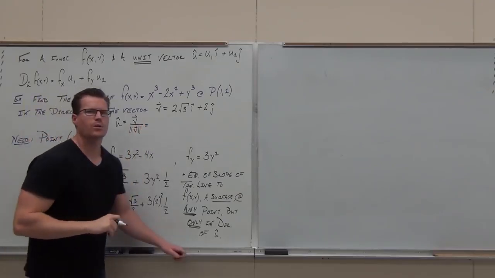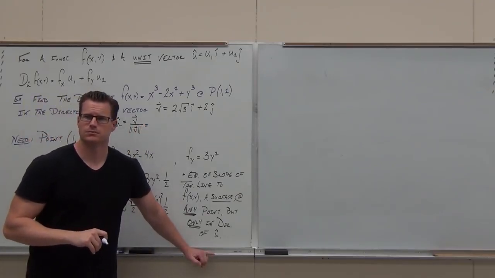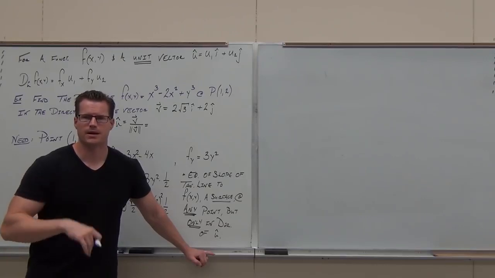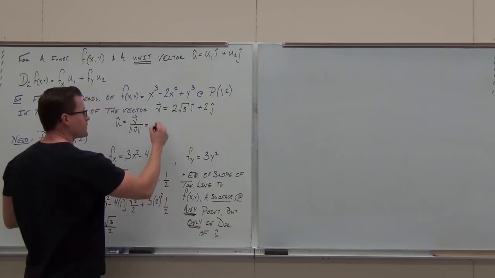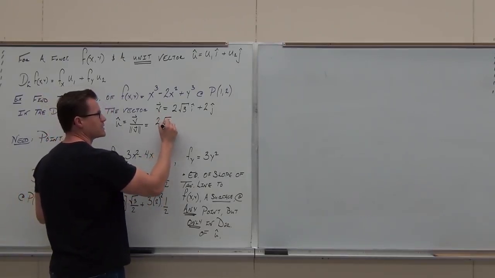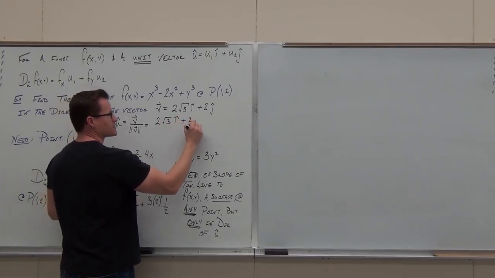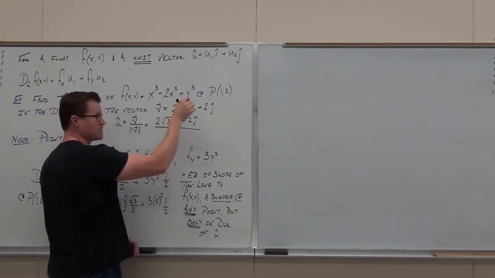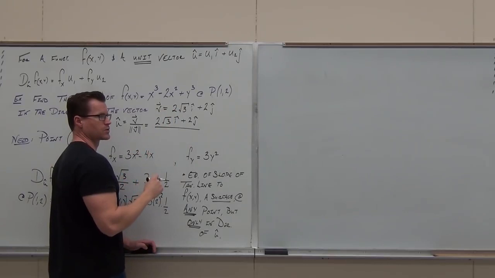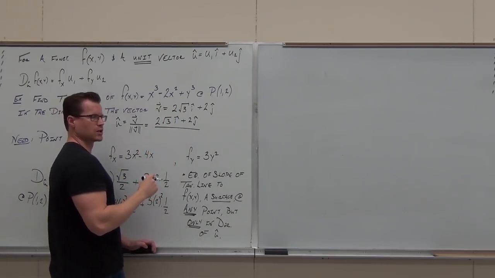A unit vector is always found by taking the vector I give you, or the vector you find, and dividing it by its magnitude. That's what a unit vector is. So we have this 2 root 3 i plus 2j over the magnitude of this. Explain in your own words how you find the magnitude of any vector.